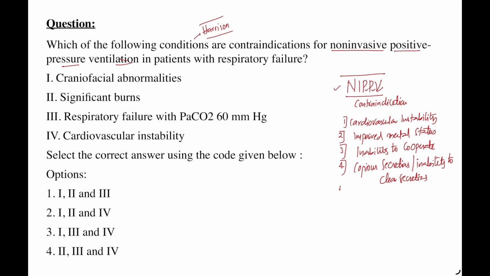And because it is non-invasive, that means we are not intubating the patient, we are just putting a face mask. If the mask is ill-fitting, that means you are unable to fit the mask.